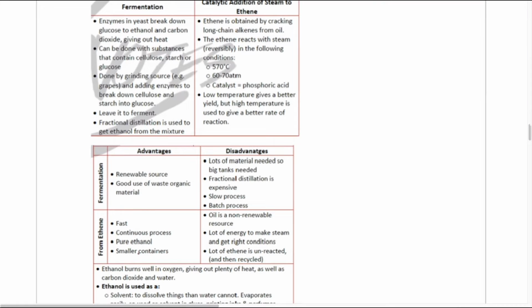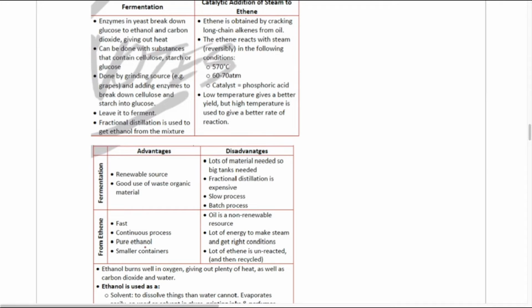Compared to the addition of steam, this is fast. This is a continuous process, no need to do batch by batch. Just keep running 24 hours to produce pure ethanol.